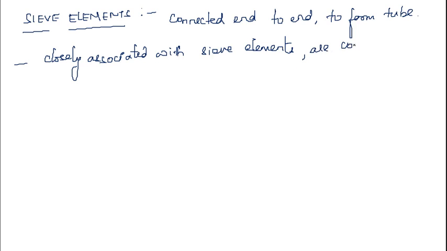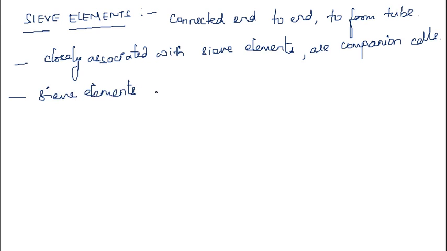All the organelles are present in companion cells. So these companion cells provide nutrients to the sieve elements and keep them alive for a longer period of time. I'm just giving you a brief idea so that you will have a conception to study the further topics.